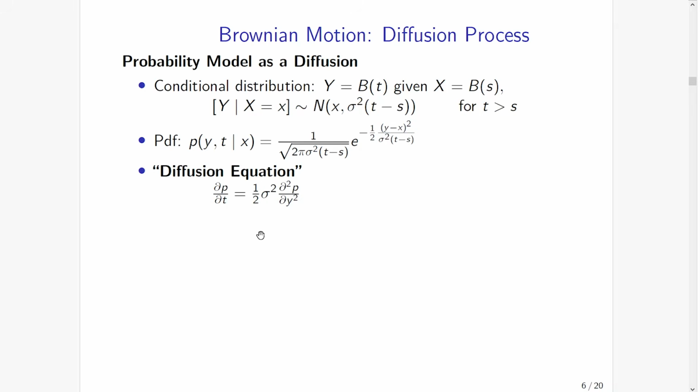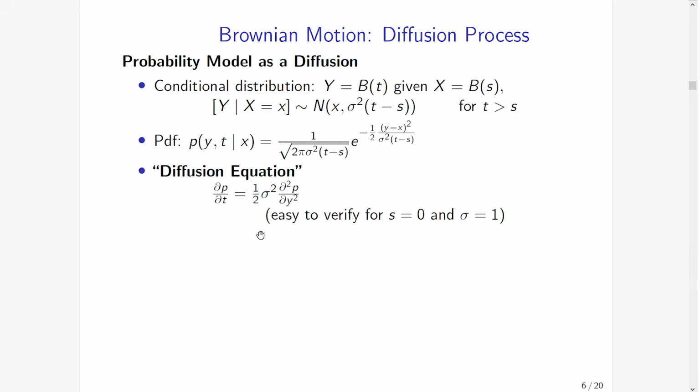For now, let's just understand this diffusion equation. It says that the partial derivative of p with respect to time t is equal to a multiple of the second partial derivative of p with respect to y.